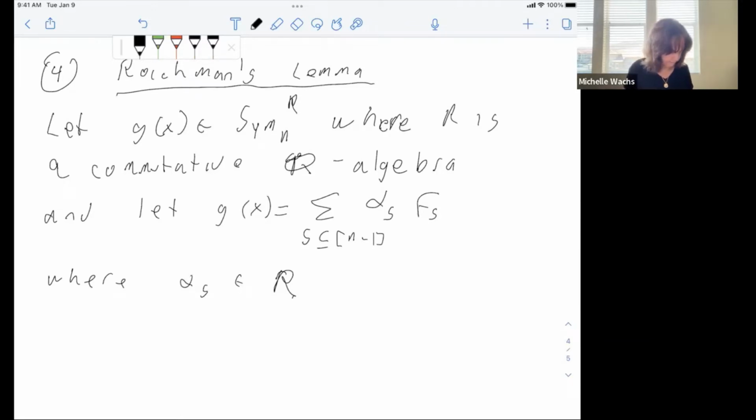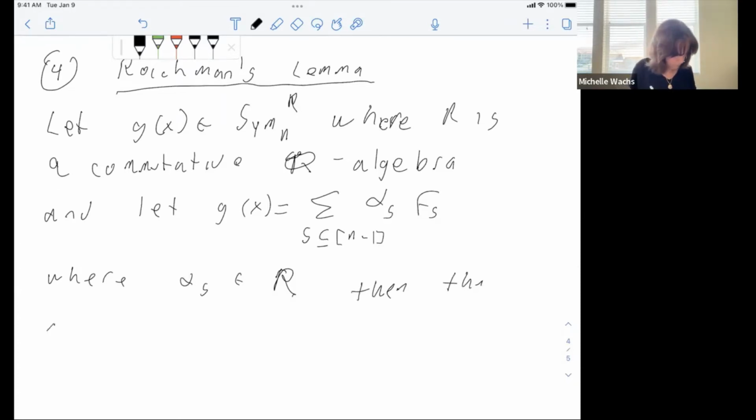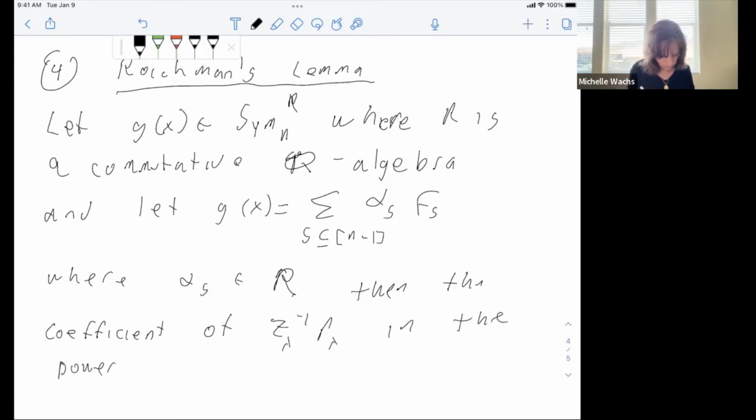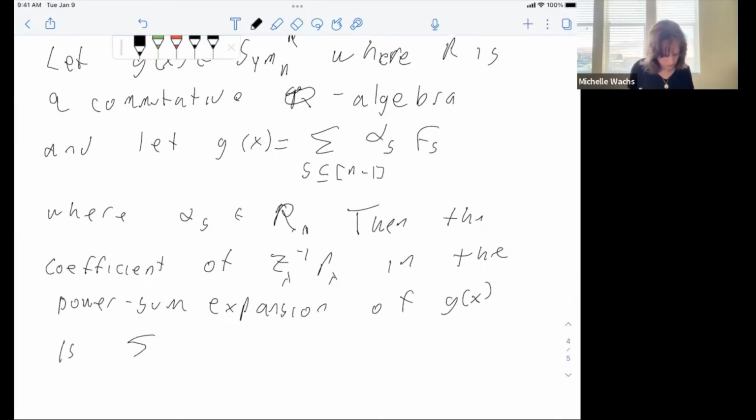Then the coefficient of z_lambda inverse p_lambda in the power sum expansion of G of X is the sum over S in U_lambda of (-1) to the cardinality of S minus S_lambda, times alpha_S.